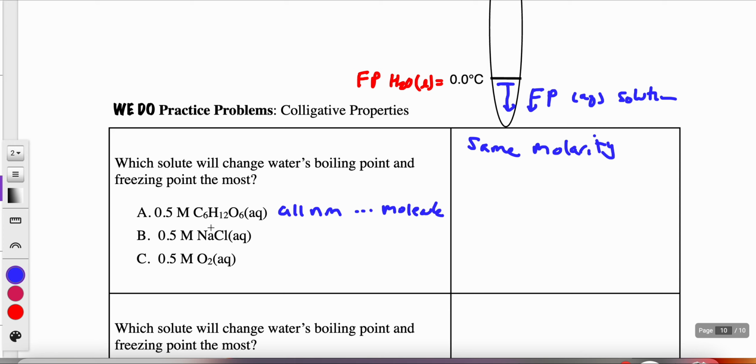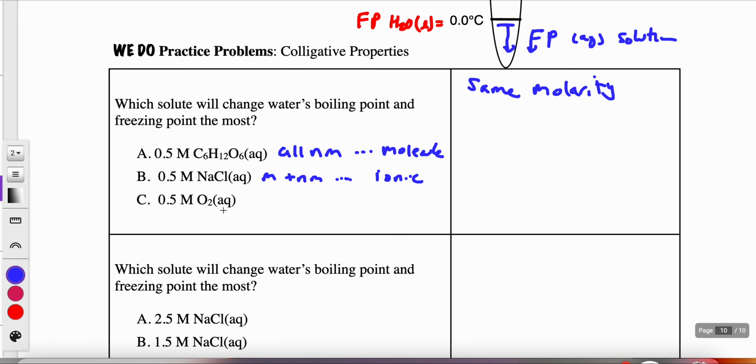NaCl, Na is a metal, Cl is a nonmetal, so we have a metal plus a nonmetal. So here we have something that is ionic. And then lastly, our last substance is made up of only oxygen atoms. So all the atoms present are nonmetals, so we would have a molecule. So here we go.